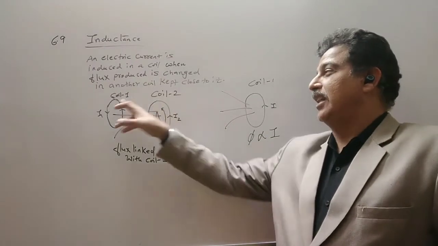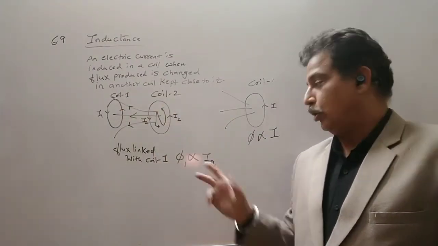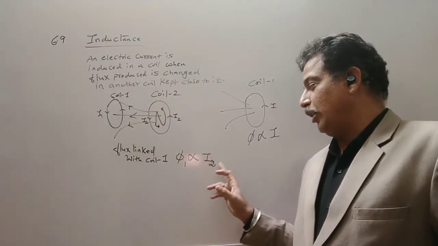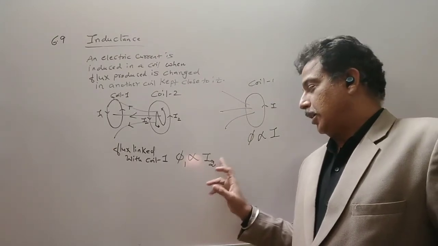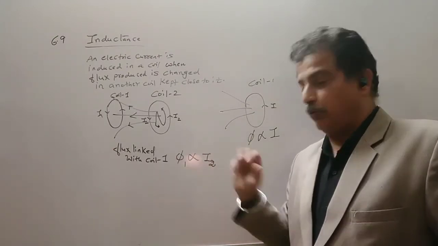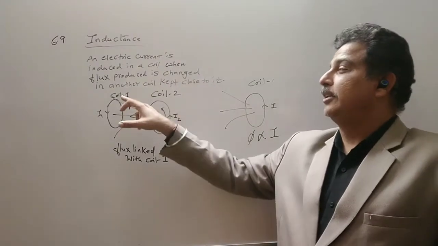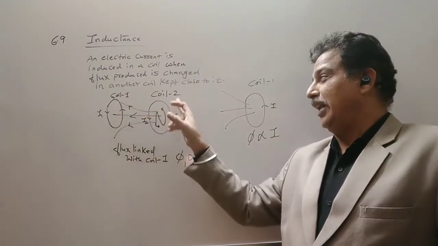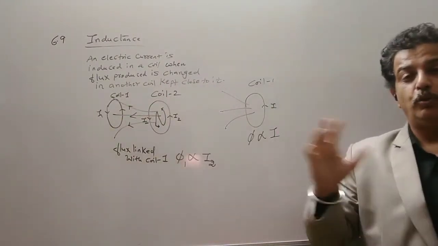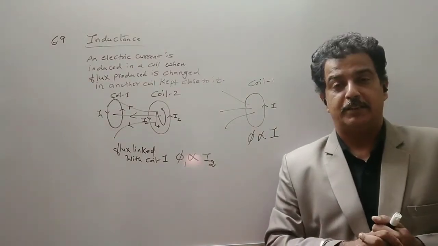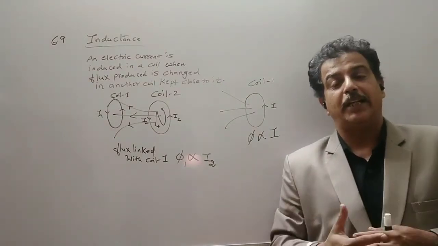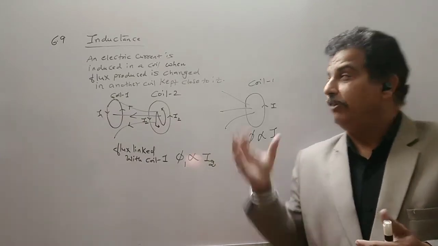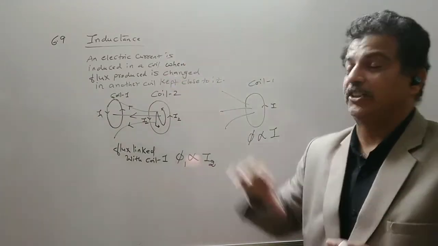So the flux is linked with coil 1. You have to remember, if you pass a current through coil 2, flux will be linked with coil 1. If I pass a current through coil 1, flux will be linked with coil 2. So you have to change the magnetic flux, and due to change in magnetic flux, we will have an induction.